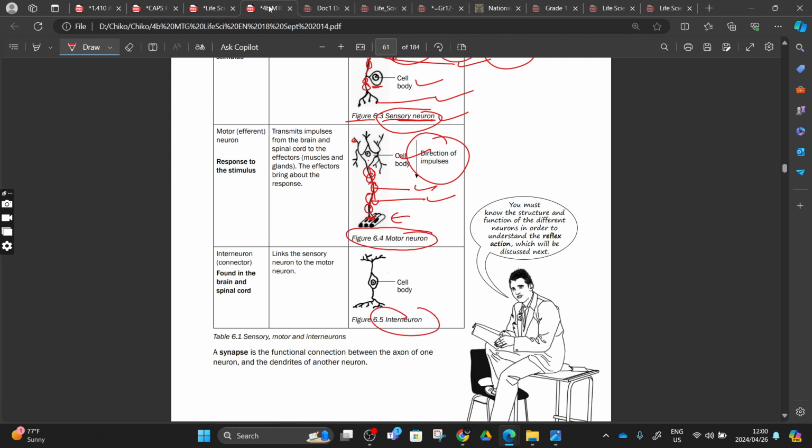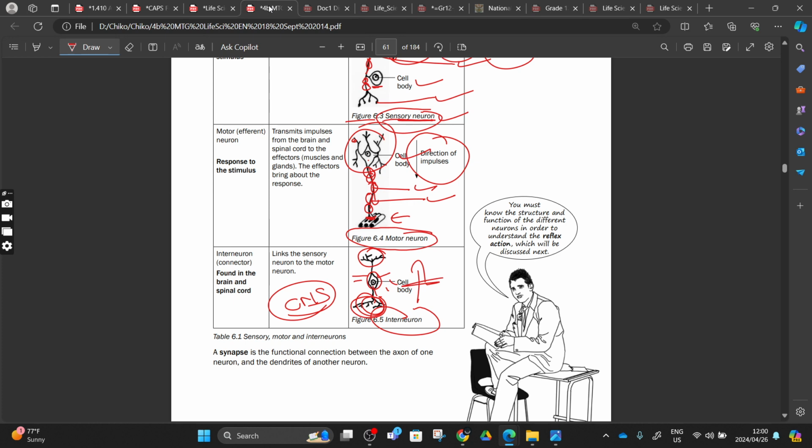Then the interneuron. With the interneuron, these will be the axons, this will be the dendrites, and this will be the direction of the impulse from the dendrites to the cell body. And the cell body there, you can see it is not surrounded by dendrites, not the same as our axon there, right? So this one is found inside the central nervous system.